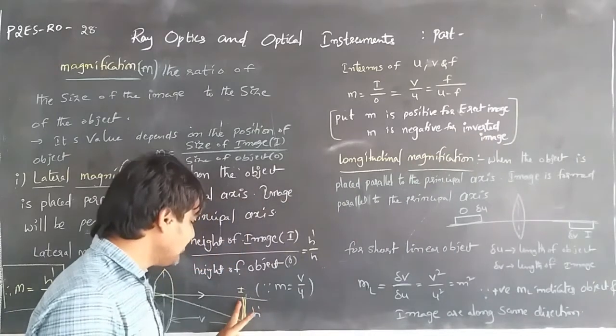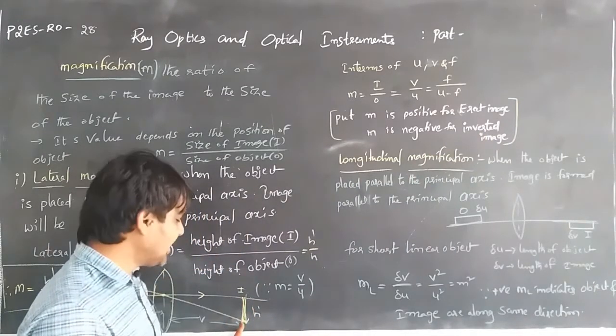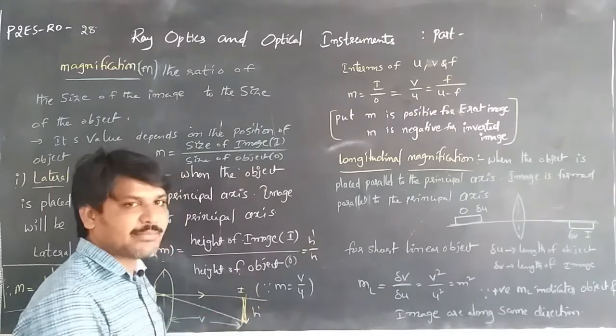Inverted image means below the principal axis and erect image means above the principal axis.